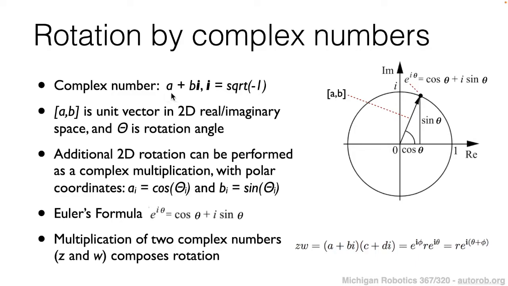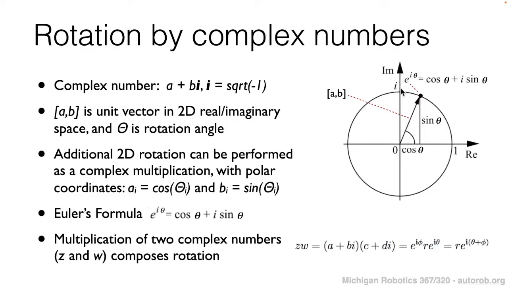In this case, we have a real component A plus an imaginary component B, where the unit of the imaginary numbers, i, is equal to the square root of -1. We can visualize this complex number A comma B as existing within what's called the complex plane. The horizontal axis denotes the real component, the real number line, whereas the imaginary numbers are represented on the vertical axis, where the unit, once again, is i.